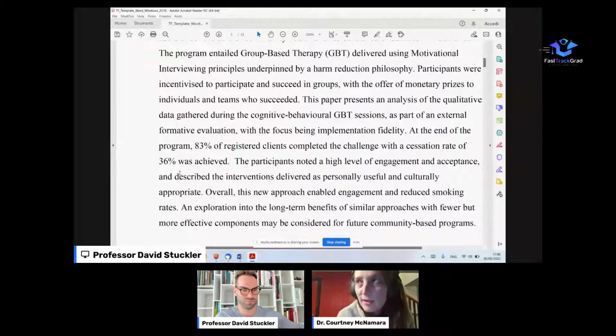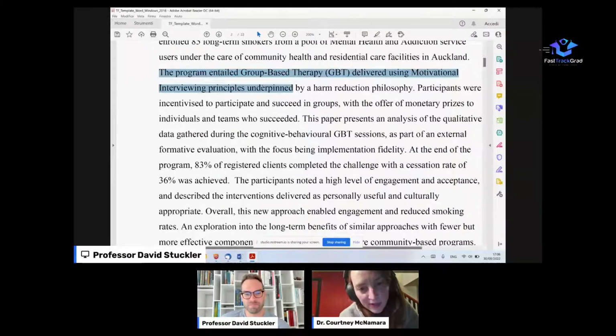You might spend a sentence to make the case for why this sort of approach is needed and has some sort of additional benefit. I found when I've used other methodologies that aren't typically used in public health that the reviewers come back and they want to attack the method. And so you can preempt that a little bit by saying why specifically this method is needed in this case.